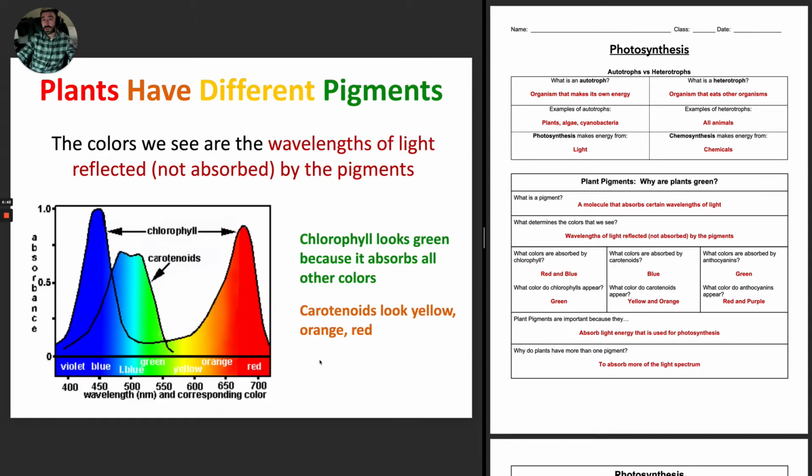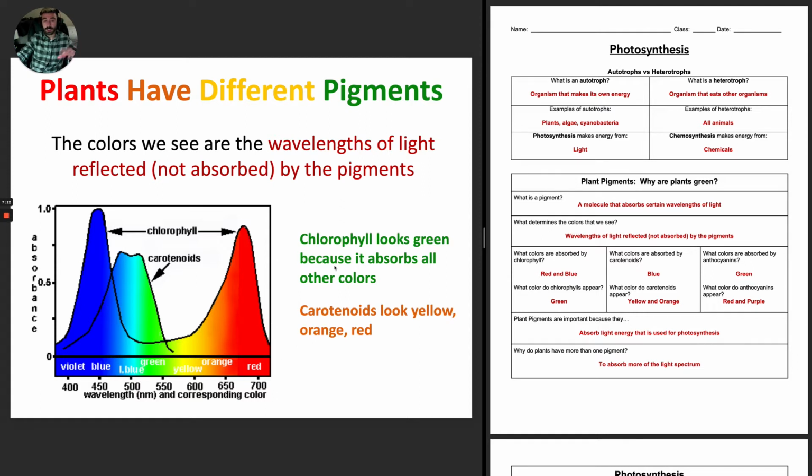So the colors that we see in something, so this shirt being green and gray, for example, are wavelengths of light that are reflected by the pigments, not the colors that are absorbed. So remember, pigments are molecules that absorb light. But the colors that we see are the ones that are actually reflected, the colors that are not absorbed.